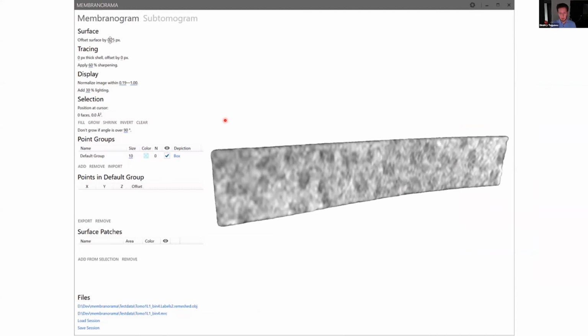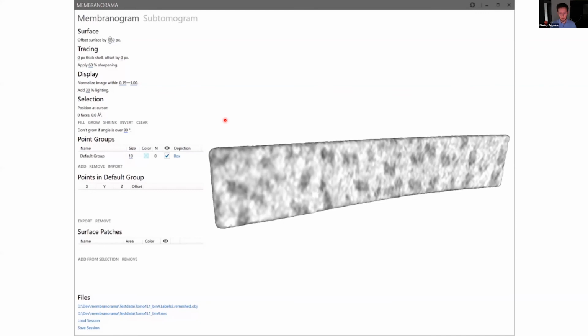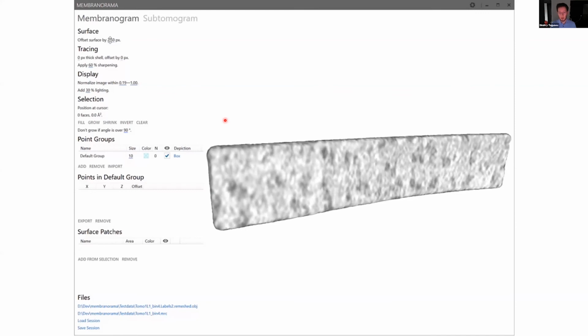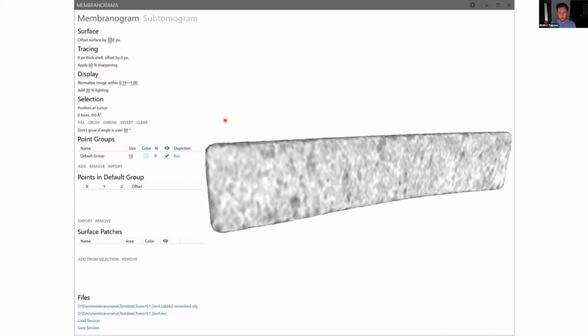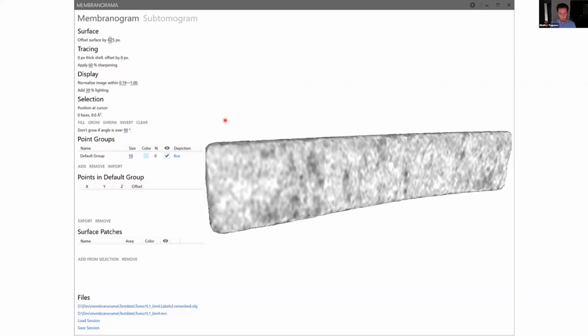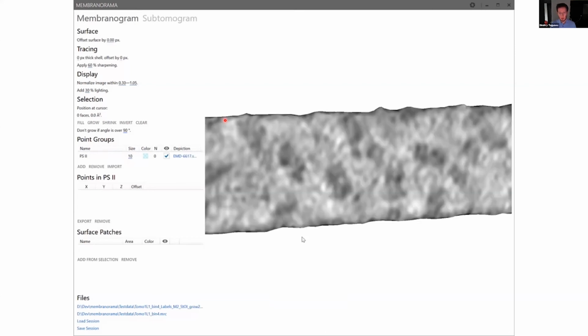And again, interactively, you can step away from this membrane surface to visualize adjacent regions to the membrane. You can use this to, again, fully interactively annotate the membrane. For example, here, placing one of the components of the photosystem on this thylakoid membrane.